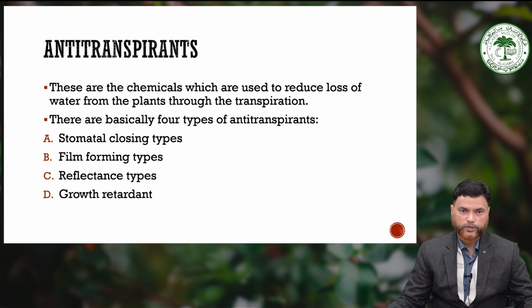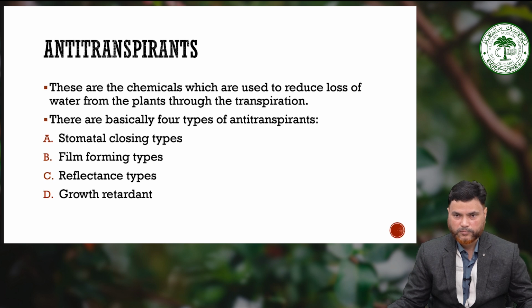There are 4 types of antitranspirants generally used for reducing the rate of transpiration. One is the stomatal closing type. Such antitranspirants close the stomata, like some of the fungicides, namely phenyl mercuric acetate, and herbicides like atrazine; they are stomatal closing types of antitranspirant.